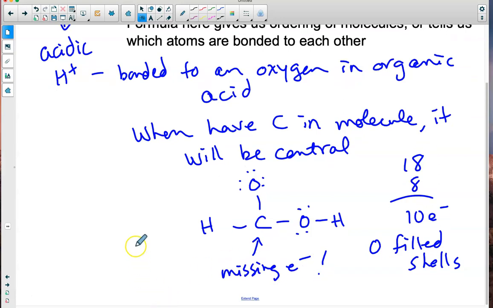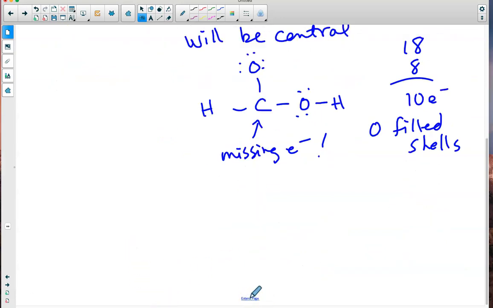So we're going to again have to make multiple bonds. So we're going to take one of those lone pairs from the oxygen that doesn't have the hydrogen on it and make a double bond. So that oxygen now has 2 lone pairs, as does that one. And so that's the structure that gives everybody a filled shell. And we double check our formal charges.